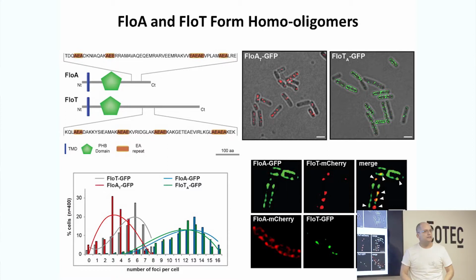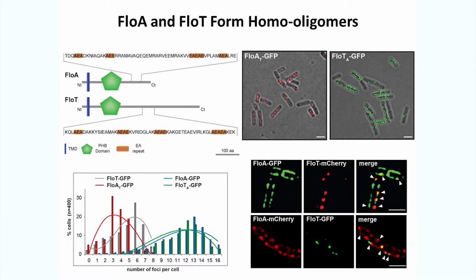Now we put the C-terminal part of FloA. It doesn't look like FloT anymore. Now it looks like FloA, with 13 foci per cell. There you have the distribution. So really changing this C-terminal oligomerization domain affects the oligomerization pattern.